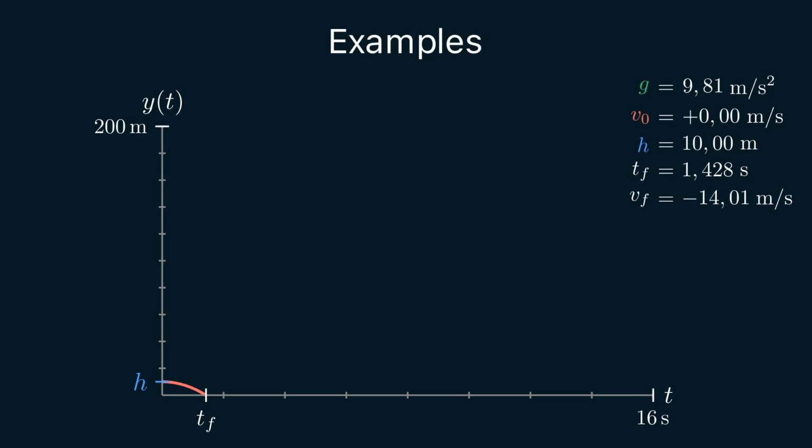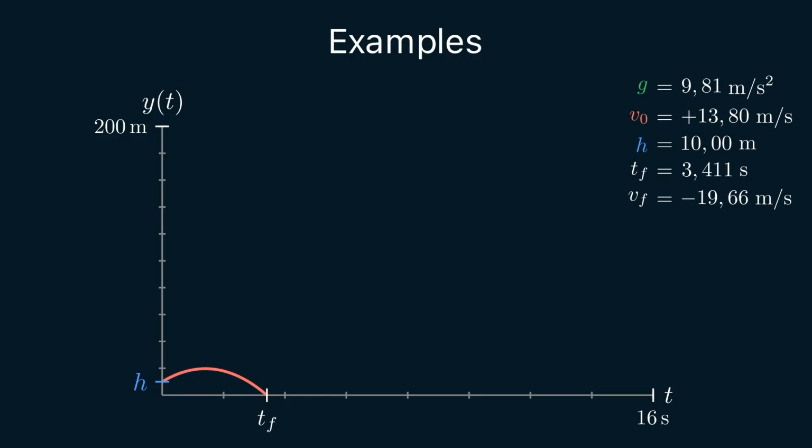The sack hits the ground after about 1.4 seconds, and its speed is about 14 meters per second, so roughly 50 kilometers per hour, and that's already pretty serious. If we didn't drop it, but instead threw it upward at 50 kilometers per hour, very unrealistic but still, then it would take about 2 seconds longer and the impact speed would be over 70 km per hour.